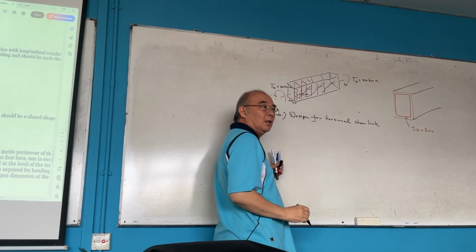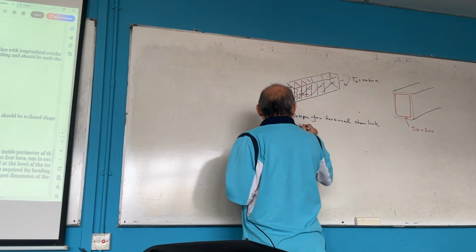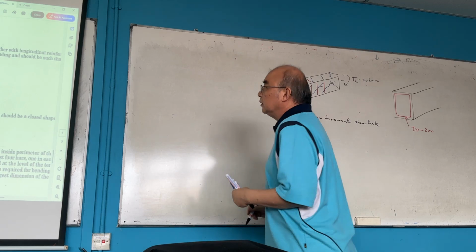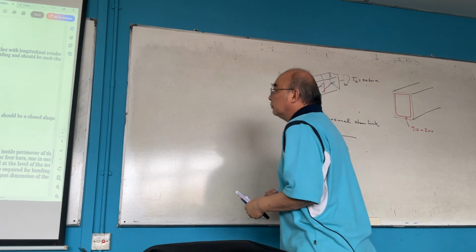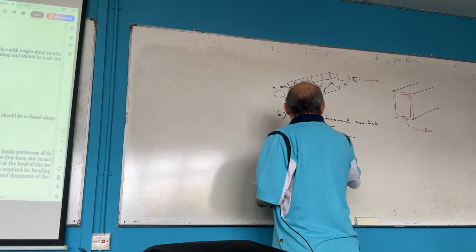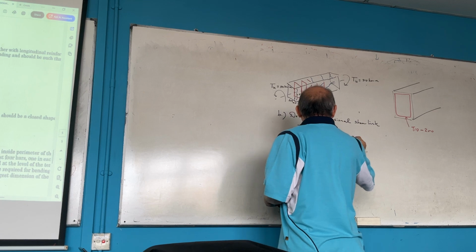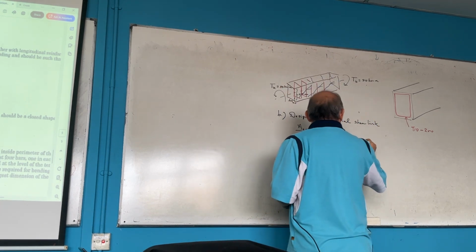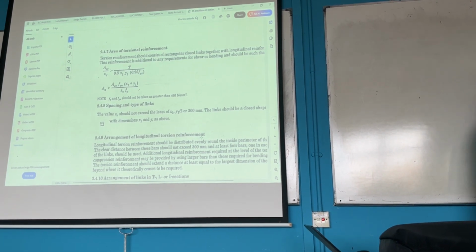Our design equation is this one: ASV over SV is equal to T divided by 0.8 x1 y1 and 0.95 f of yv.